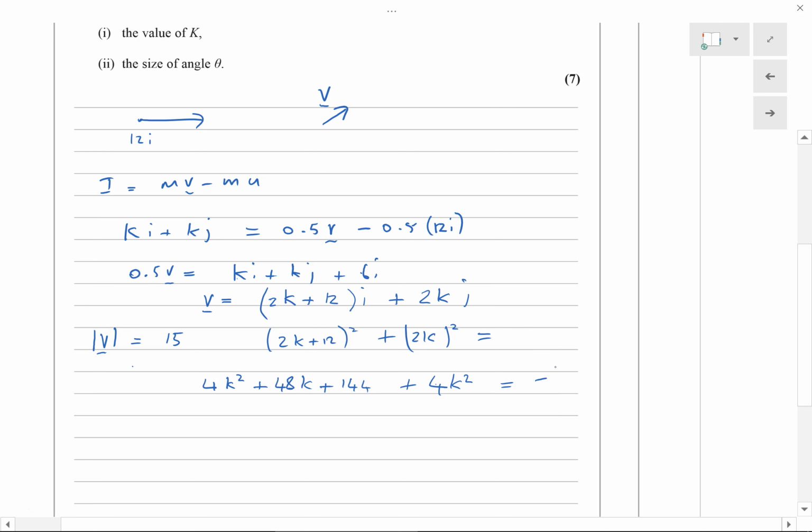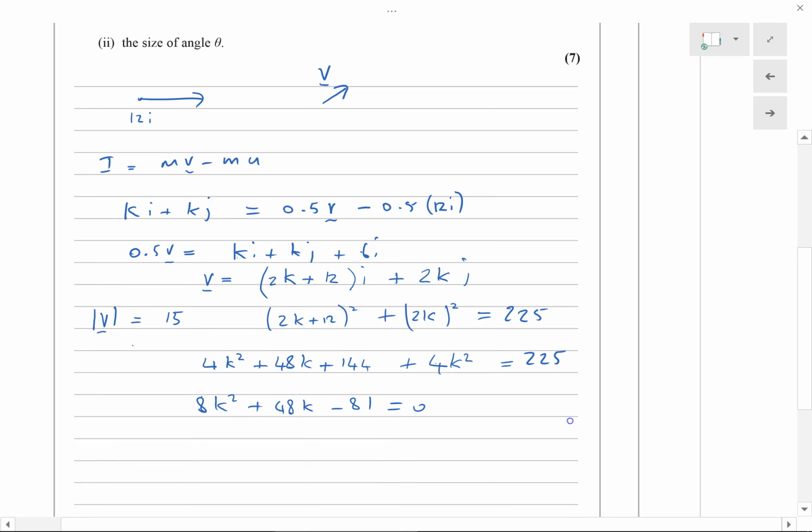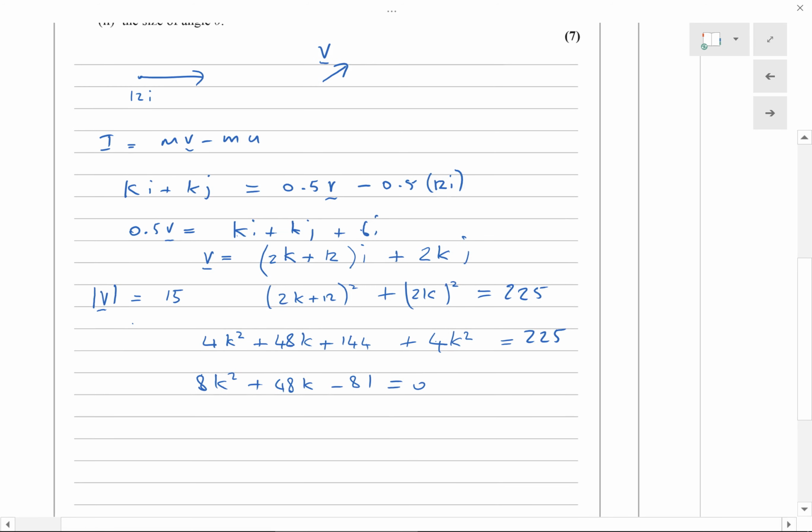The square root of that will be 15, so that will be 225. Do be careful. So that gives us 8k squared plus 48k minus 81 equals 0.